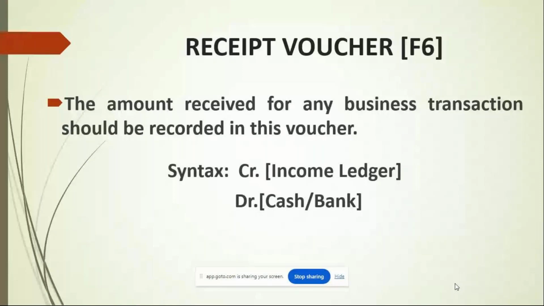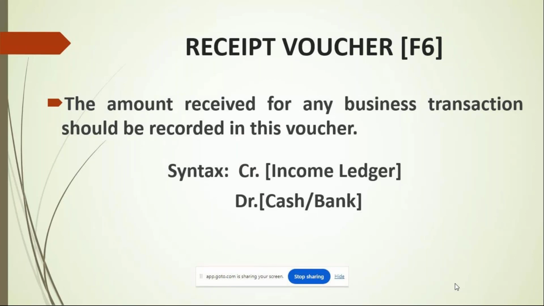Now, how a payment voucher is used to record the payment of the business expenses, in the same way, a receipt voucher is utilized to record the receipt of the business source of income, not the other sources, only those pertaining to the business. So the amount received for any business transaction should be recorded in this voucher.